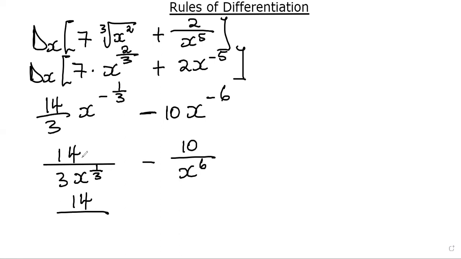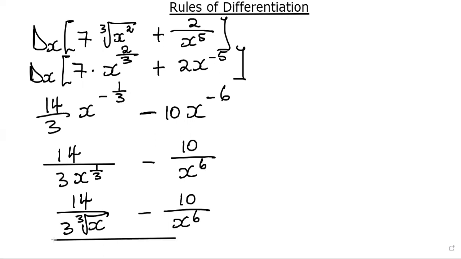So we can say every time we see x to the 1/3, we actually see the cube root of x, because n is 3, and this is what we have. And of course, we have 10 over x to the power 6. So this is the derivative of our function, and our happiness is complete.